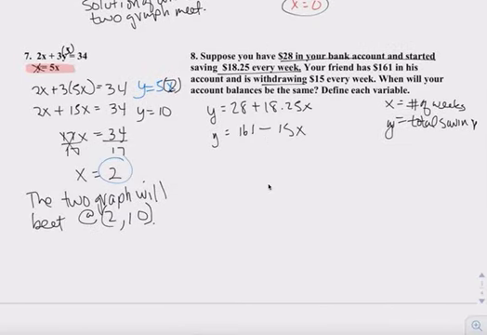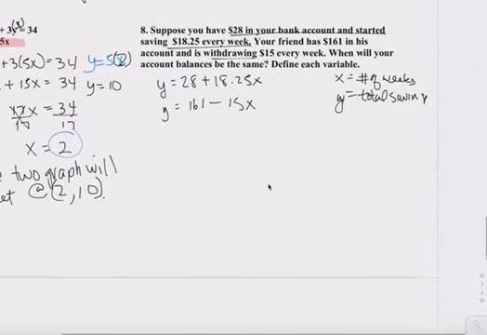These are all your answers, except for the last one. Make sure you find how many weeks. When will your balance be the same?